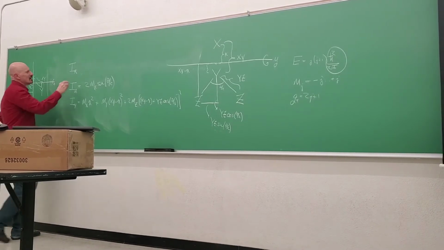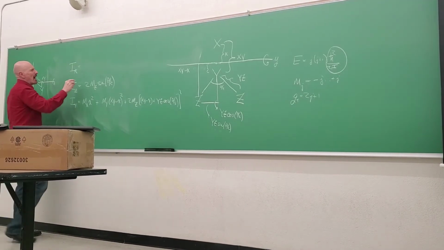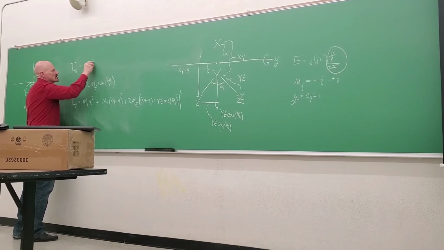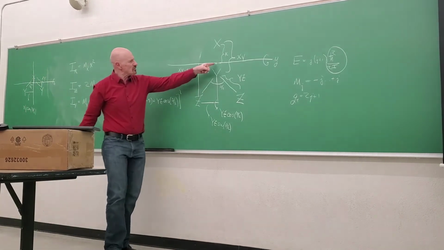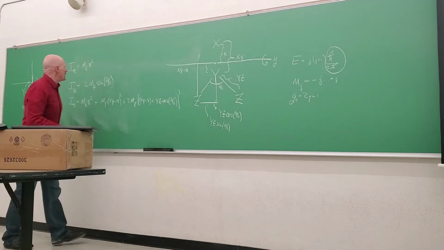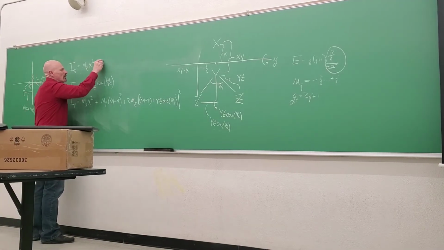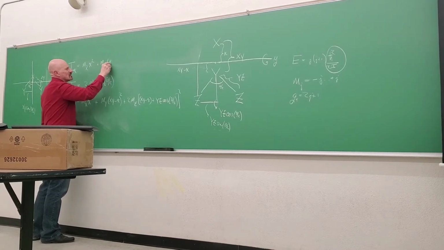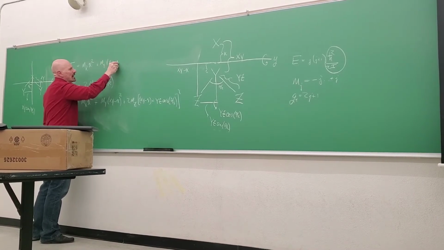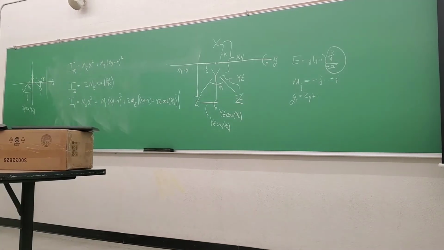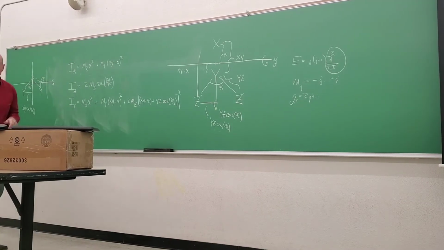So I of X is going to be the mass of X, cap X, times X squared. That accounts for the rotation of this all the way around here. The Y, then it's going to be that one as well, the mass of Y times XY minus X squared.